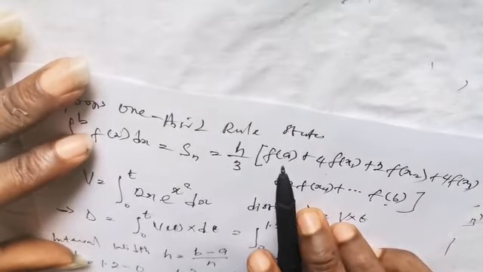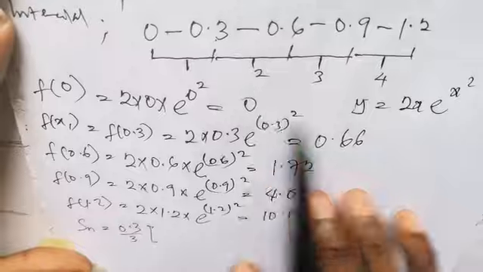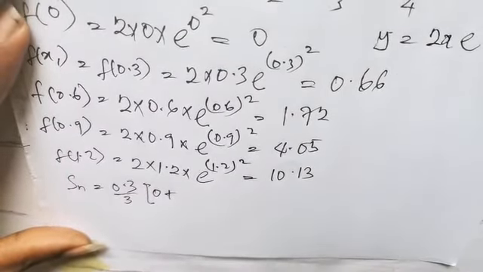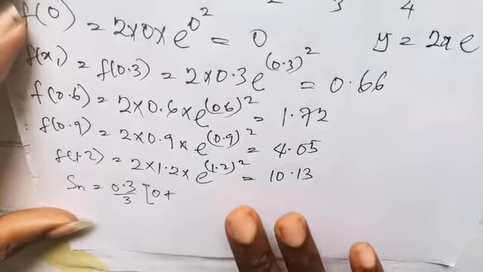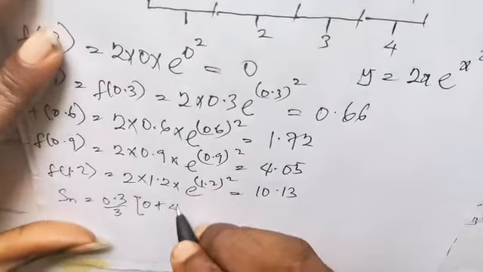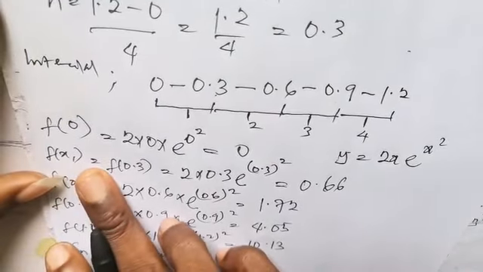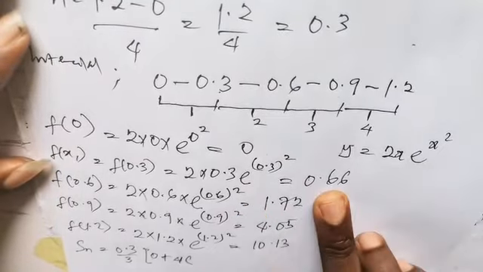We've already obtained f of 0 to be 0. So 0 plus, now you start alternating with 4: 4 times f of x1, the first function after f of 0, which is 0.66.